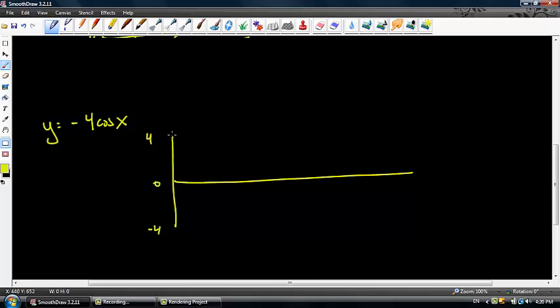Well, cosine usually starts at high and then goes low and comes back up, but because we're upside down, we're going to start low, we're going to jump up high, and we're going to come back down. It's going to look like a bell curve. And it ends at 2 pi, and pi here, 3 pi over 2, and pi over 2.